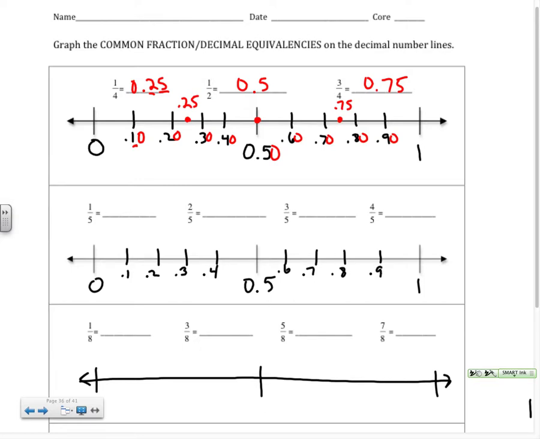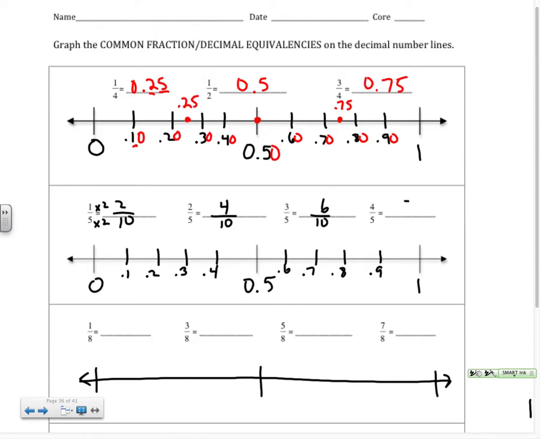All right, let's take a look at our fractions. Let's change 1/5 into tenths. Well, we know to go from 5 to 10, we multiply by 2, so 1 times 2 is 2. So there's 2/10. 2/5 is 4/10. 3/5 is 6/10.